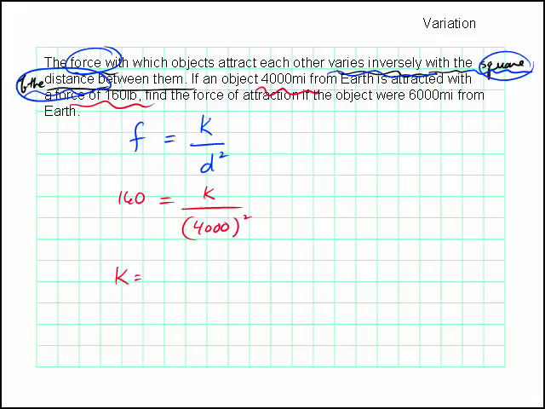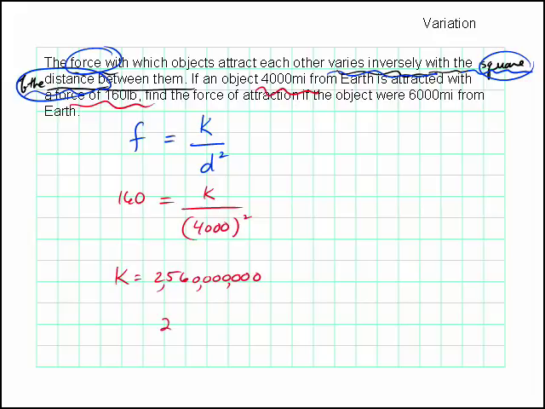If you solve for k, you get times 160, wow, 256 and 7 zeros. 1, 2, 3, 4, 5, 6, 7. 2,560,000,000 is our k, large number.